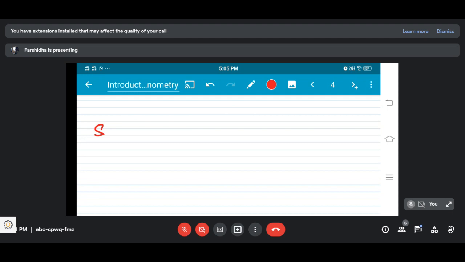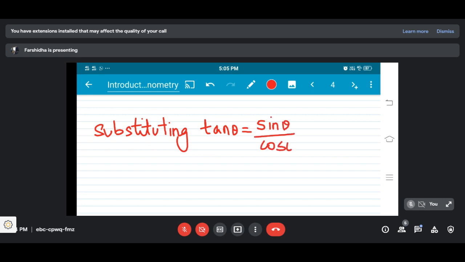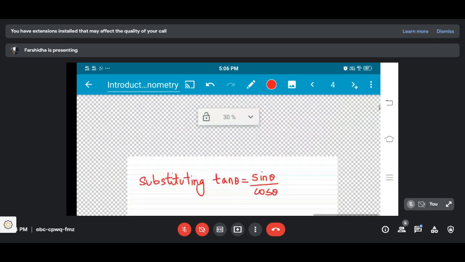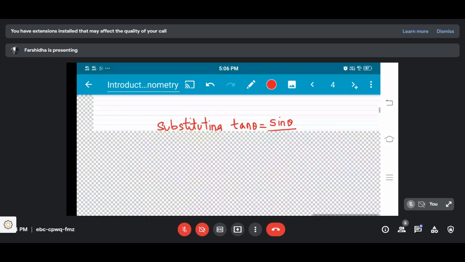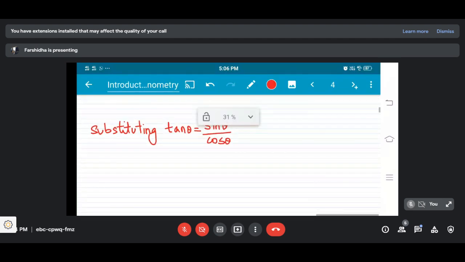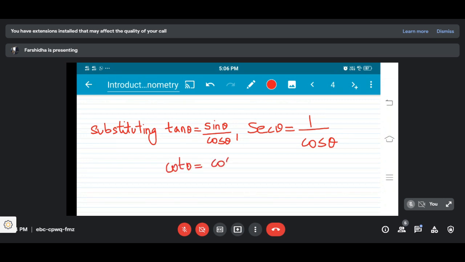Substituting then cot theta is equal to cos theta by sin theta.